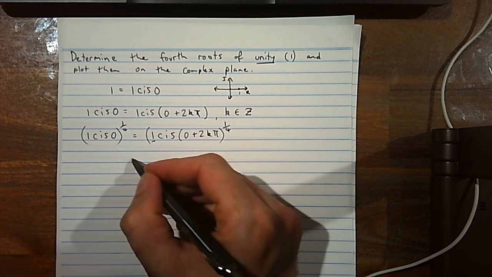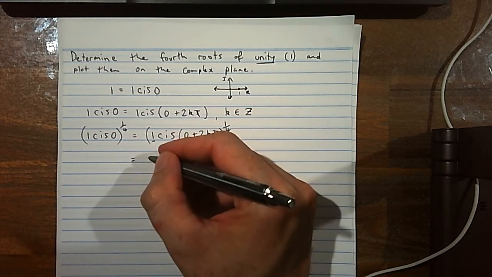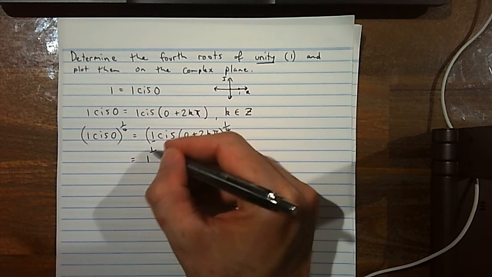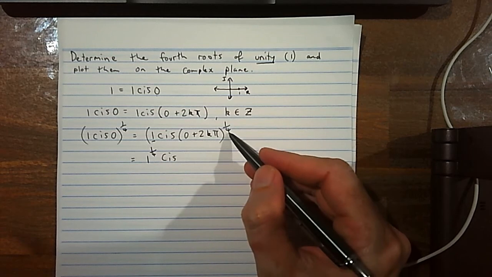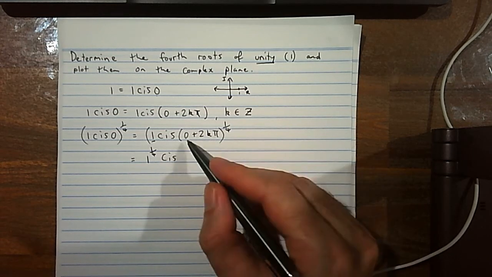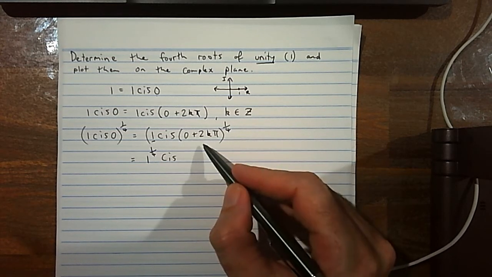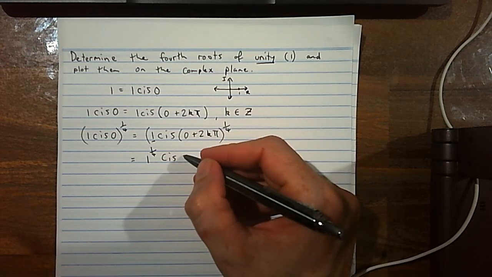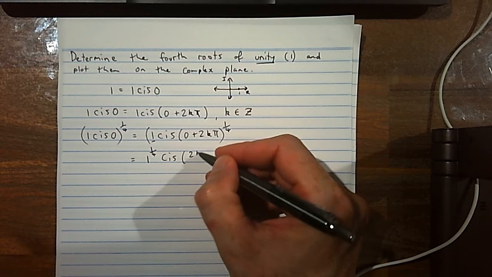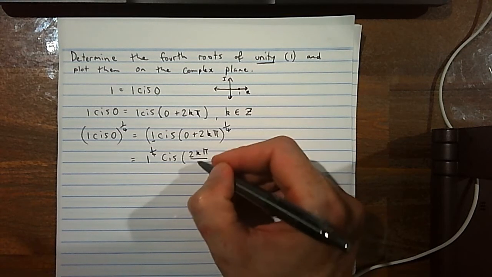I'm using 1 to the power of a quarter, and then I'm going to multiply the power by this angle in here. So 1 quarter times 2kπ is the same as 2kπ divided by 4.